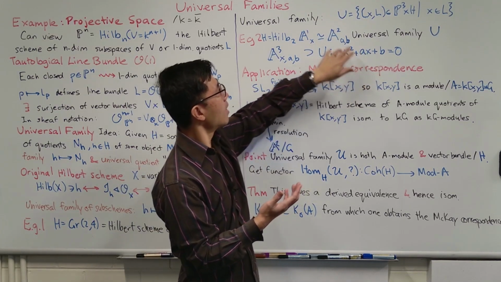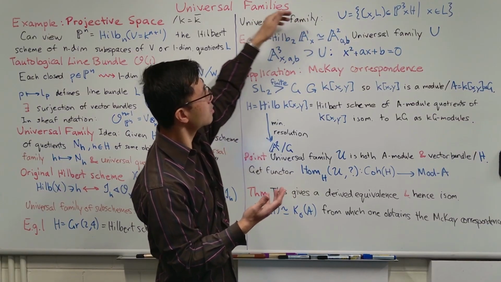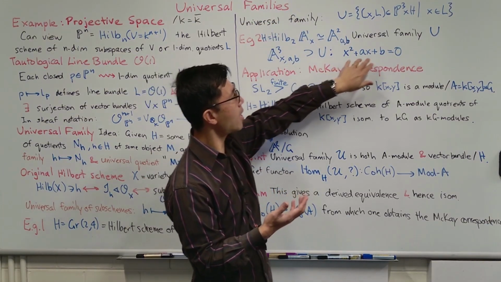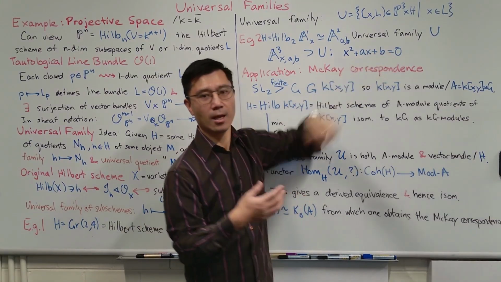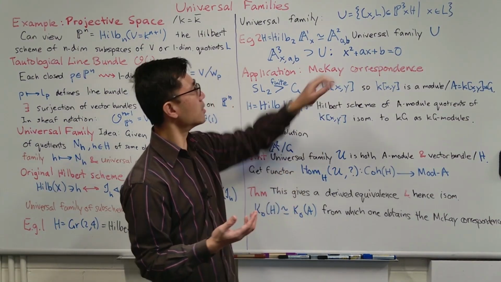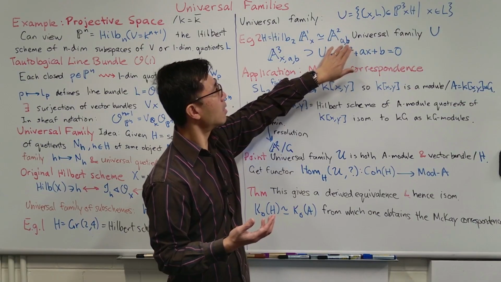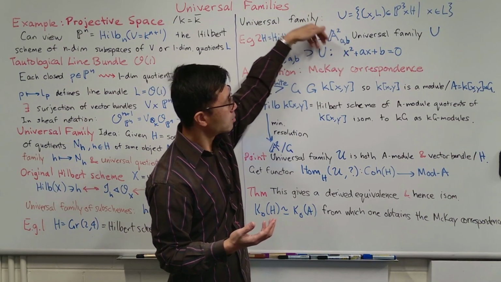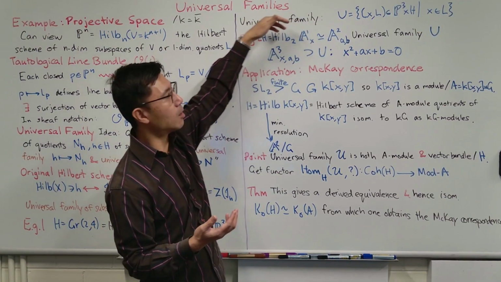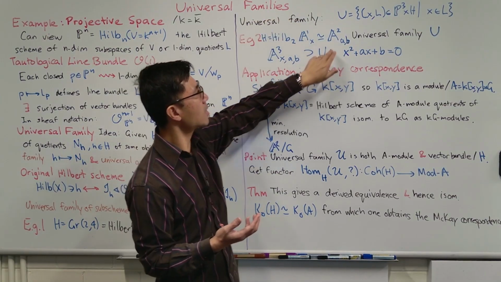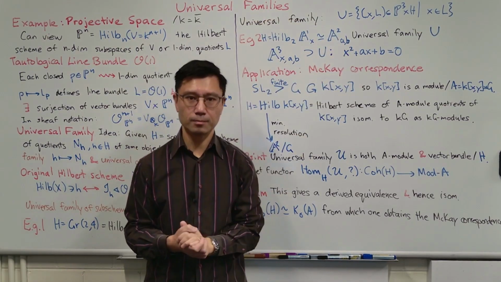So the elements here correspond to the ideals generated by a monic polynomial of this form, x squared plus ax plus b, and the a and b can freely vary. As a and b vary across all possible scalars, you will sweep out the whole of this Hilbert scheme. So the Hilbert scheme is basically A2 with coordinates AB.